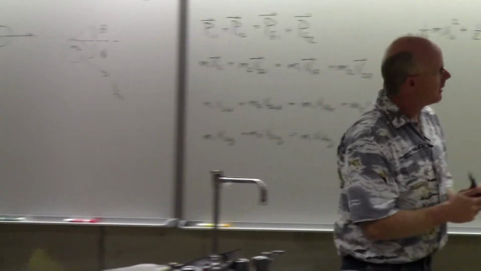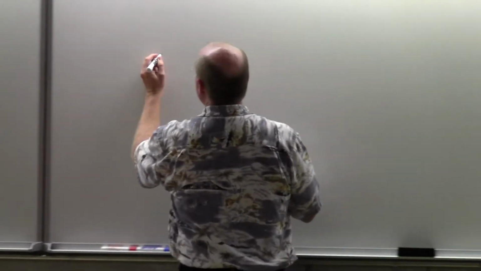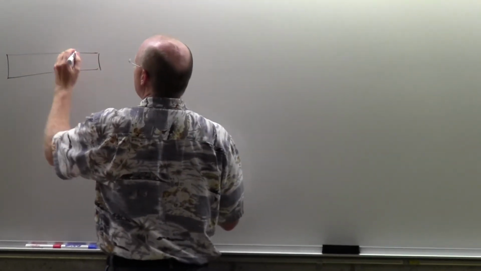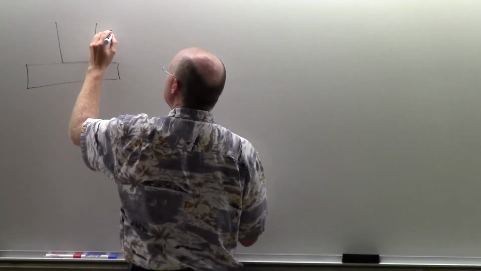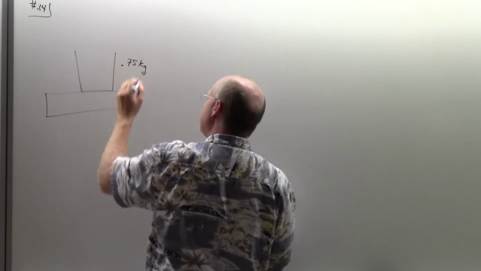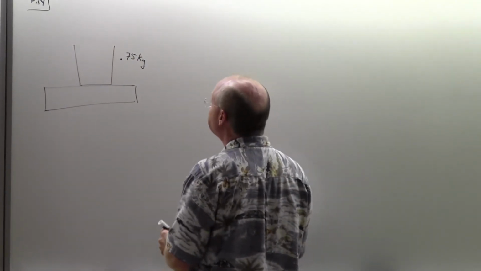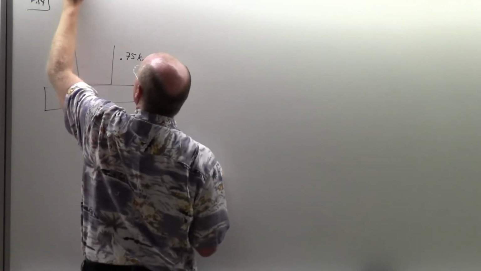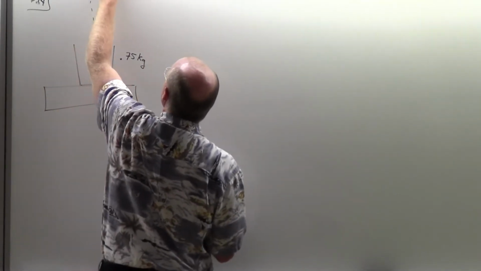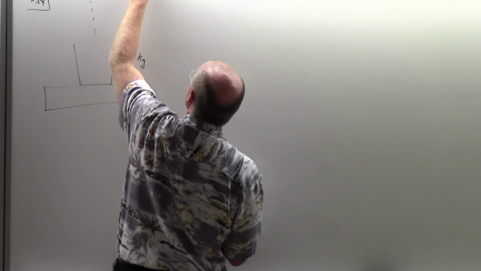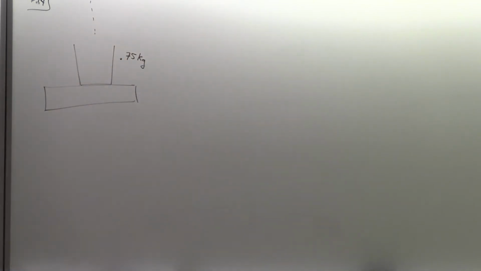Okay, so like I said in all these, the first step is that physical picture. So it looks like what I have is a bucket. The bucket itself is 0.75 kilograms, and water is being poured into it from a height of 2.6 meters, if I caught that right.